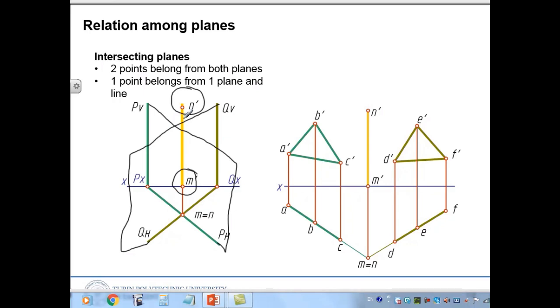So that makes the intersection line. From the top, if you see, M and N is just one vertical line, which is parallel to the OZ axis.